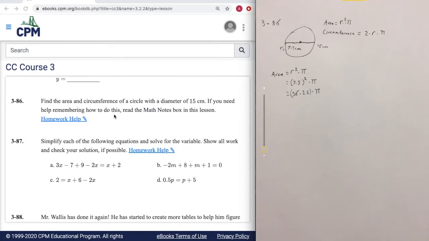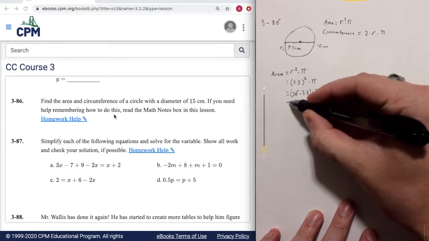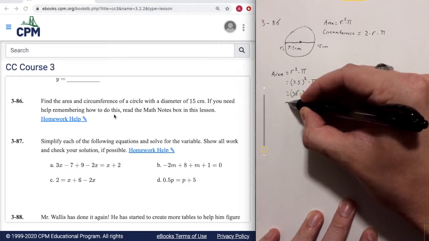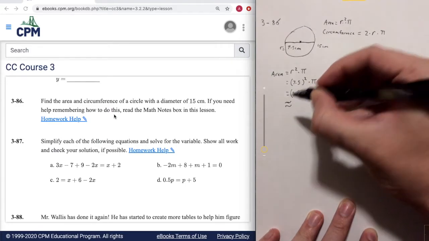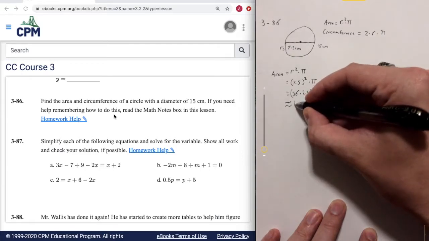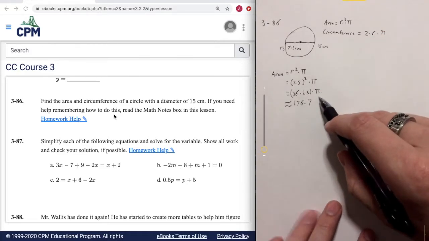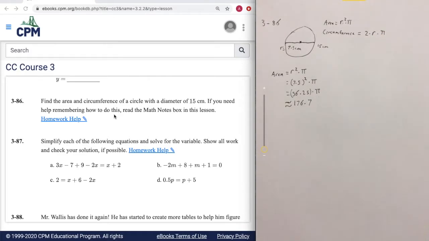Otherwise, just use the first few digits after the decimal. It should approximately equal, and we'll do a little wavy equal sign like this, because we're just approximating what pi is. It should be about 176.7. And depending on how precise you get with pi, you might get a slightly different value for the final result.